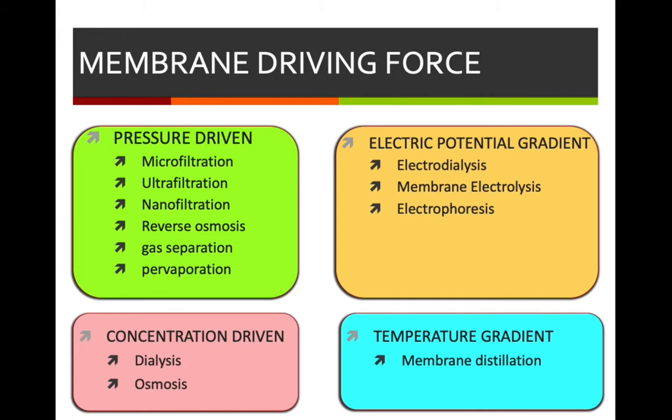Concentration driven is exemplified by dialysis or osmosis. For example, what is osmosis? Osmosis is the net movement of water across a selective membrane. The membrane is selective in terms of separating.